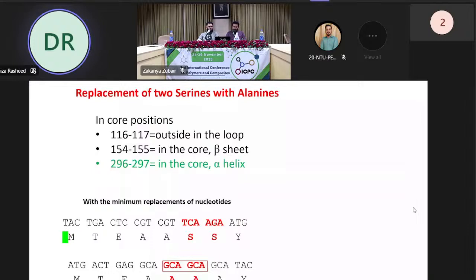then we used CRISPR technology, and by using CRISPR and the alteration of 4 nucleotides, we were able to change 2 adjacent serine molecules from the core of the protein into 2 alanine molecules in the core.